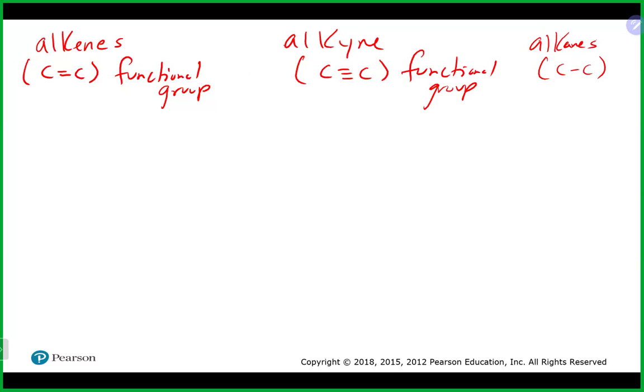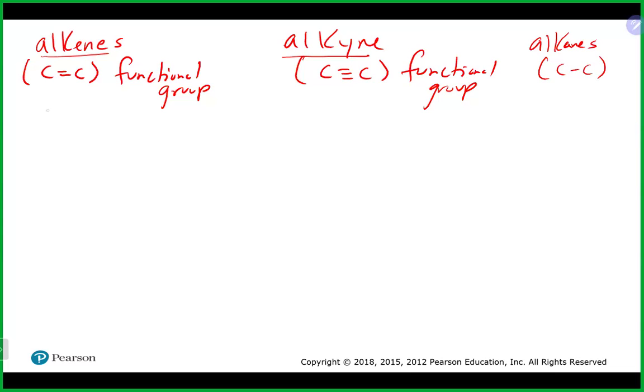The way that we go about naming these is pretty straightforward. They will still be based on the longest carbon chain. What you're looking for, though, is that the longest carbon chain needs to have either a double bond in it or a triple bond in it.